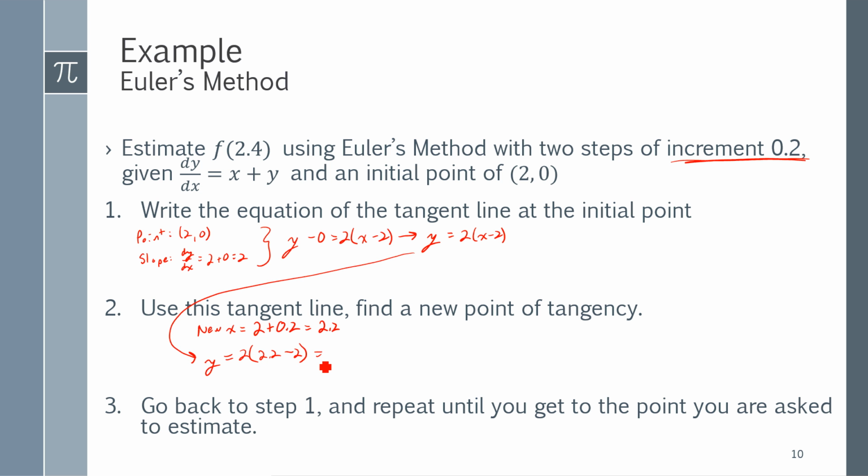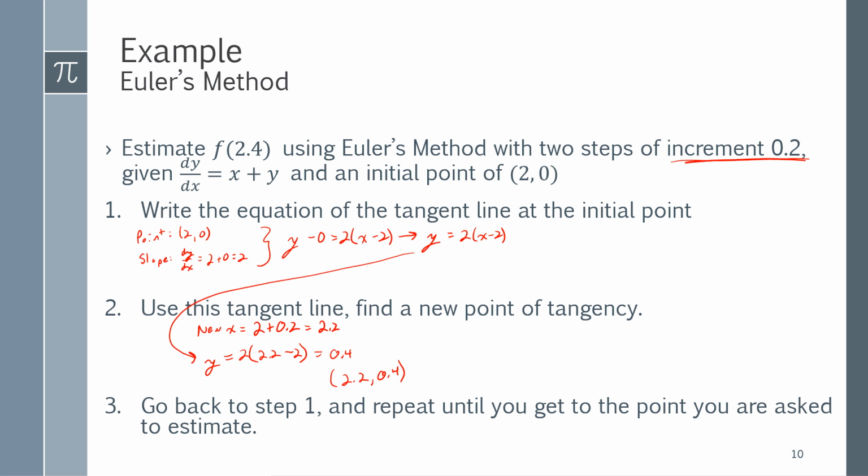Well, 2.2 minus 2 is 0.2, times 2 is 0.4. So my new point of tangency has the new x of 2.2, and by plugging that into my tangent line, I get a new y of 0.4, which is relatively close to the point I started at, but a little bit different. So now that's one step.